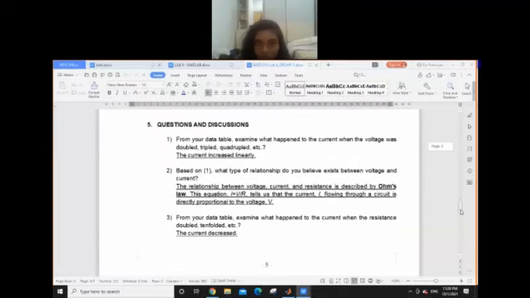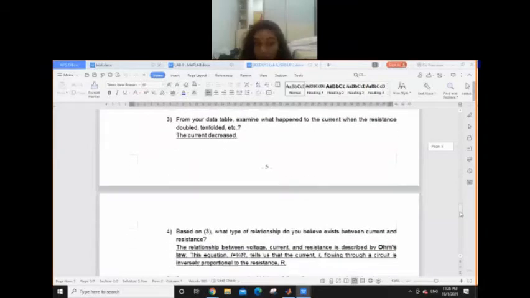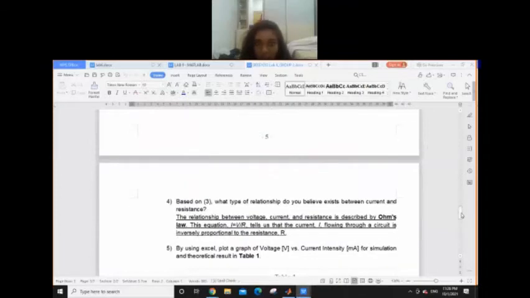As you see in the questions, you also explain the current versus voltage, which is directly proportional. Current is directly proportional to the voltage, while current decreases when the resistance increases. That's what we learned from this lab sheet as well, which is that current is inversely proportional to the resistance.